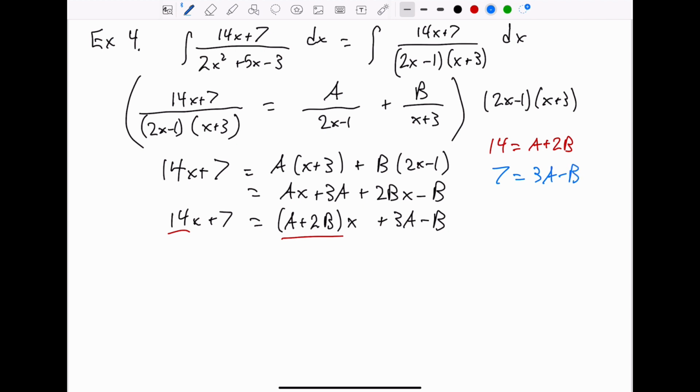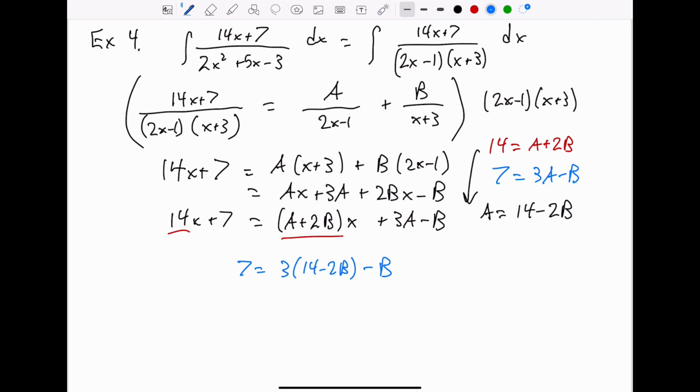Now I need to solve for a and b. I think the easiest way to do that here is to solve the first equation for a. We have a equals 14 minus 2b. Then in the second equation, we replace the a with 14 minus 2b. So we have 7 equals 3 times 14 minus 2b, minus b.